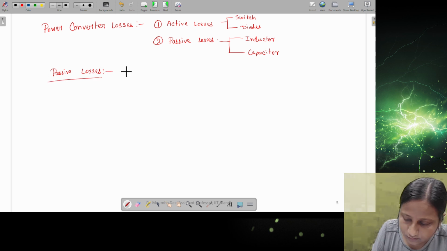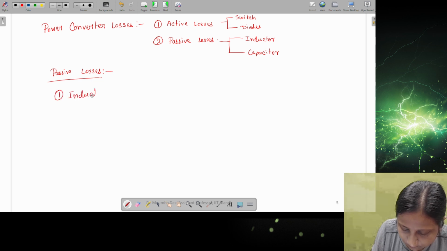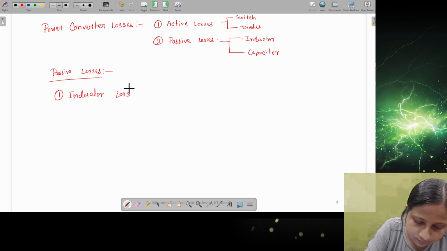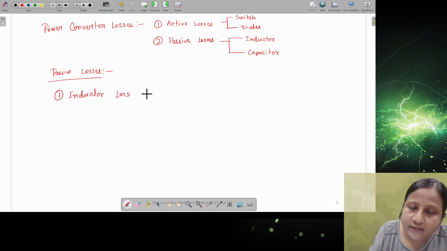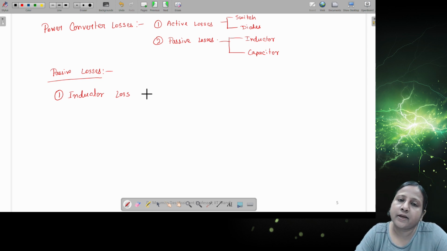Okay, so first consider the inductor loss. When I consider the inductor, this means magnetics, so basically magnetic-related losses. This can be an inductor, coupled inductor, transformer, any magnetic component.